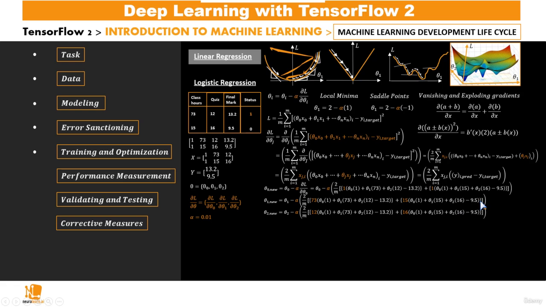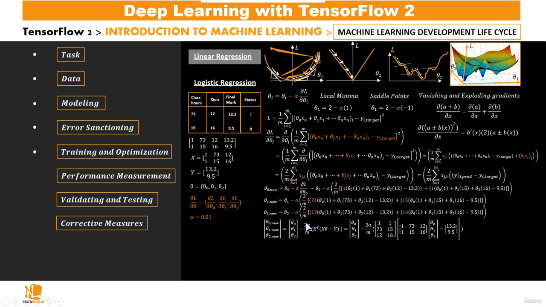Now this is repeated for theta 2, and then we could rewrite the new matrix of theta as theta 0 new, theta 1 new, theta 2 new. They occupy a column, and this equals theta 0, theta 1, theta 2 minus all this. We shall see exactly why we're using all this.